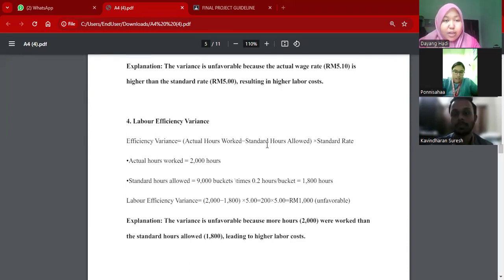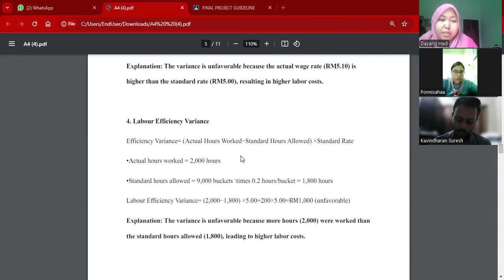Now we move to the labor efficiency variance. The efficiency variance equals actual hours worked minus standard hours allowed, times the standard rate. The actual hours worked is 2,000 hours, and the standard hours allowed equals 9,000 buckets times 0.2 hours per bucket, which equals 1,800 hours.